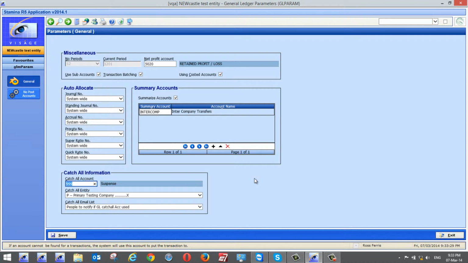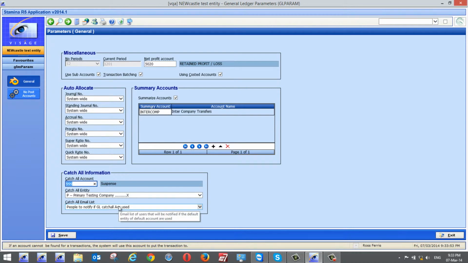Of course, if that does go through, it would be nice for someone to take some corrective action, and normally your catch-all account would be some form of suspense or clearing account, so you'd like to let some people with authority to go and fix this stuff know about that. So you do that by nominating an email distribution list here.